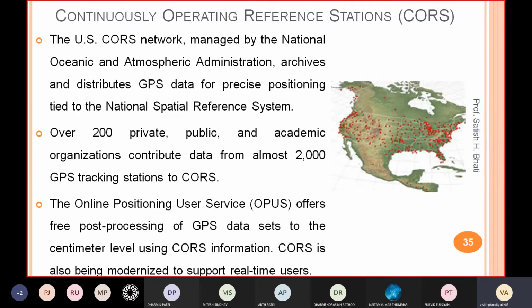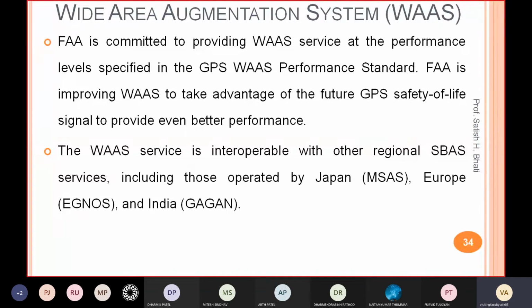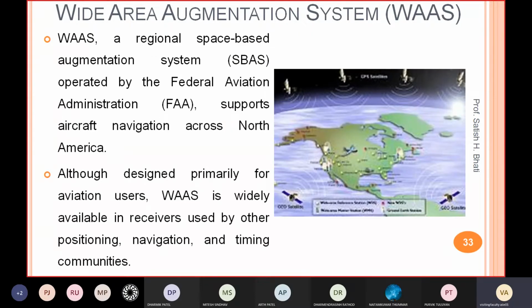The first one is WAAS, the Wide Area Augmentation System, operated by the Federal Aviation Administration. It's a kind of space based augmentation system, SBAS, and its main application is aviation. It's primarily used by aviation users, and the purpose is positioning, navigation, and timing.